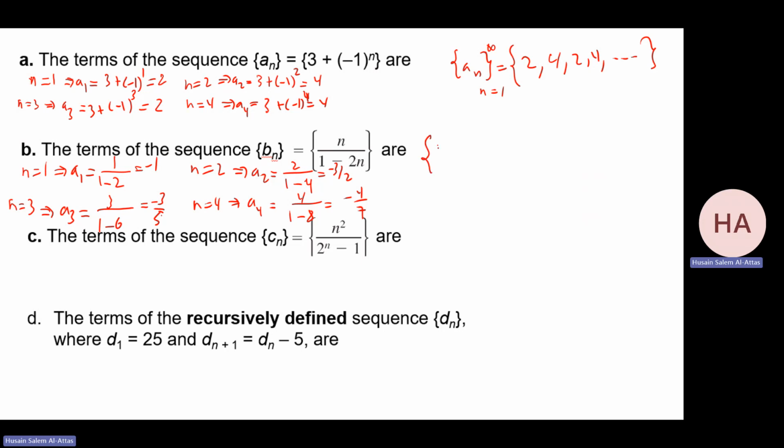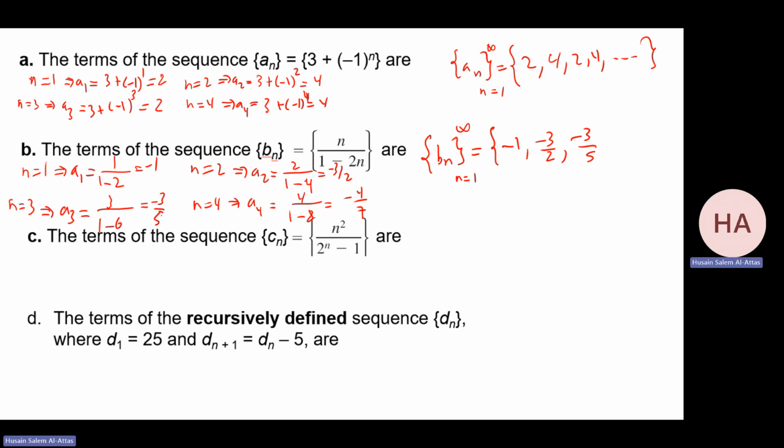So my sequence bn, from n equals 1 to infinity, will be minus 1, minus 3 over 2. Is it?